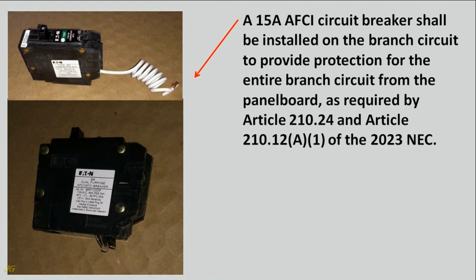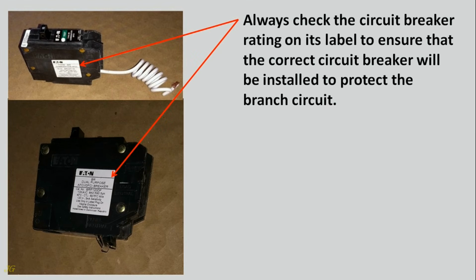A 15 amps AFCI circuit breaker shall be installed on the branch circuit to provide protection for the entire branch circuit from the panel board, as required by Article 210.24 and Article 210.12(A)(1) of the 2023 NEC. Always check the circuit breaker rating on its label to ensure that the correct circuit breaker will be installed to protect the branch circuit.